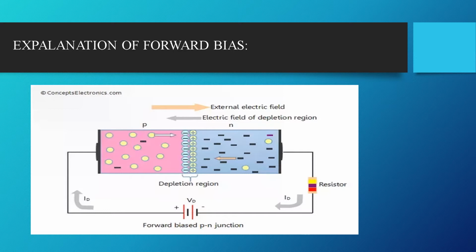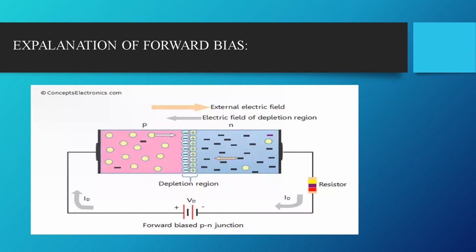For your information, the depletion region also acts as a potential barrier against the majority charge carriers. This potential barrier is called the forward potential barrier. The majority charge carriers start crossing the forward potential barrier only when the value of the externally applied voltage across the junction is more than the potential of the forward barrier.